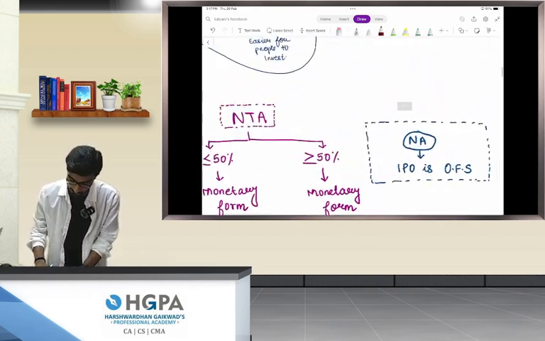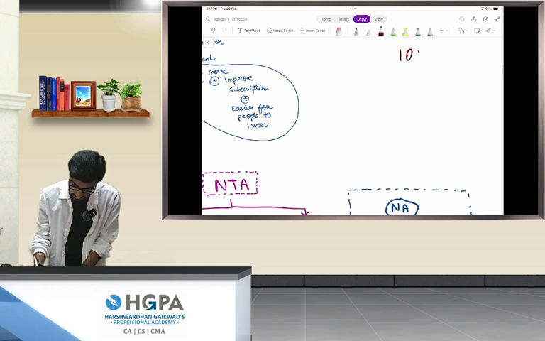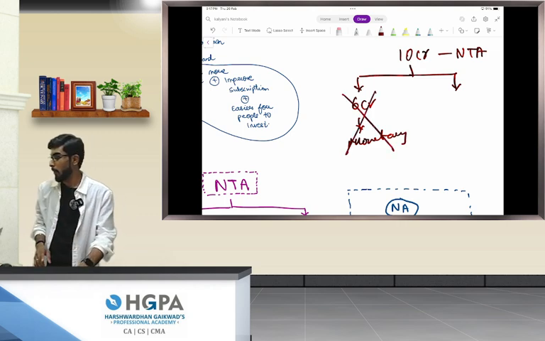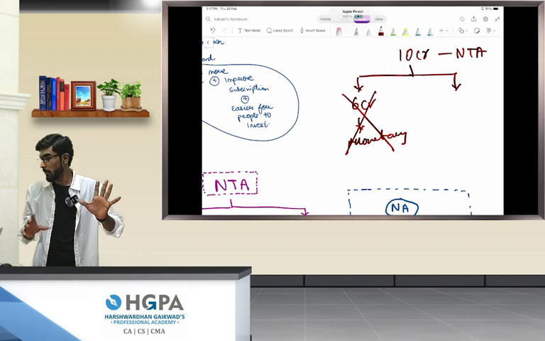For example, if Lenskart has 10 crores as net tangible assets, it should not have 6 crores in monetary form. No, it should not have more than 5 crores in monetary form.